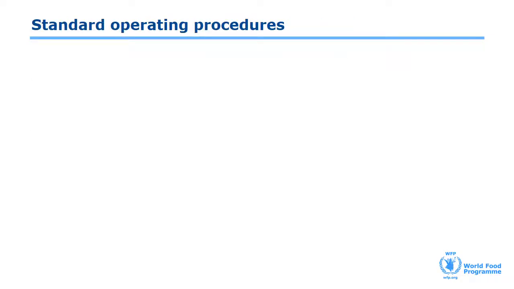When setting up two-way communication systems, particularly if you plan to collect beneficiaries' feedback and complaints, you should consider setting up a complaint and feedback mechanism, a CFM system, and a set of standard operating procedures.